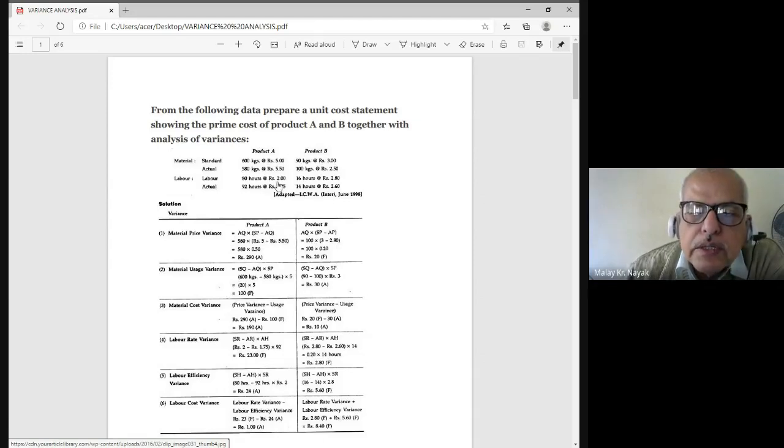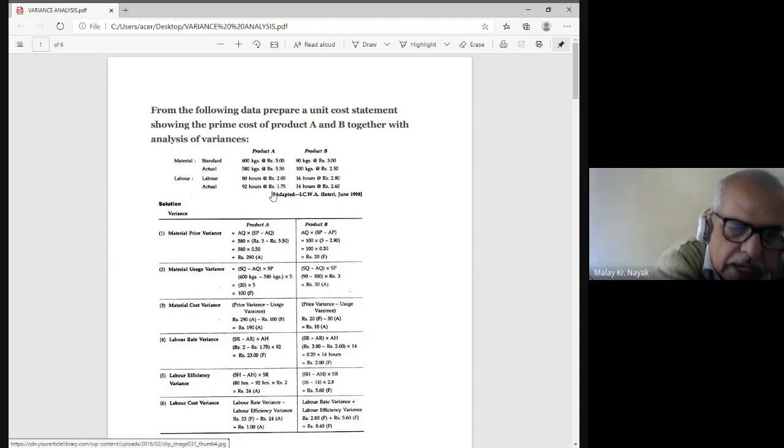What is actual labor cost? AH into AR minus SH into SR. What is AH into AR? 92 into 1.75, is it not?